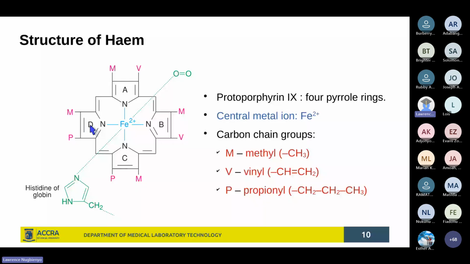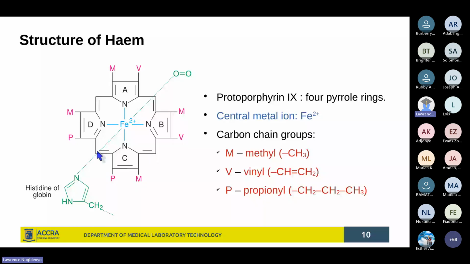are joined together by what we refer to as methenyl bridges. So between A and B, there is a linkage. That is what we refer to as a methenyl bridge. Between B and C is another methenyl bridge. And between C and D, another methenyl bridge.